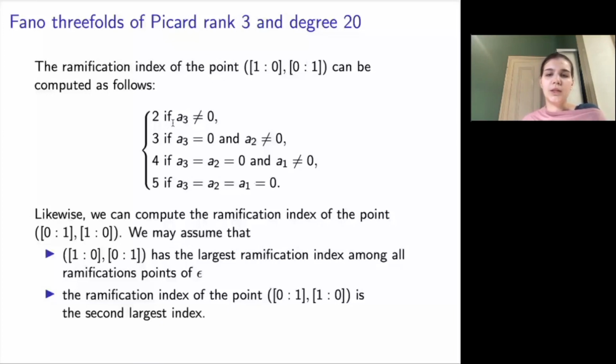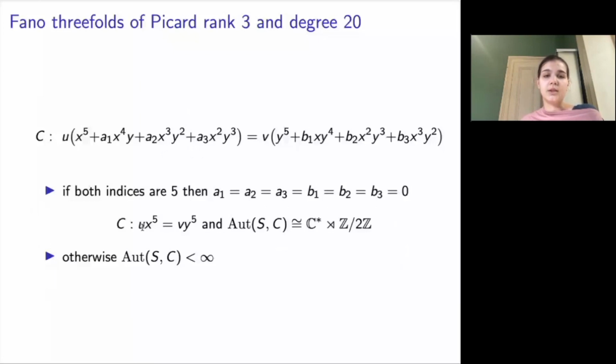Similarly, we can compute ramification indexes for the second point. And we can assume that the first point has the largest ramification index among all points, and the second point has the second largest ramification index for all the points. If both indexes are 5, then all A's and B's are 0, and we know that the curve C can be rewritten this way.